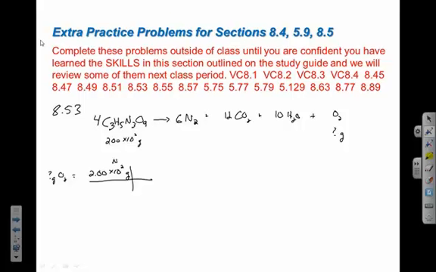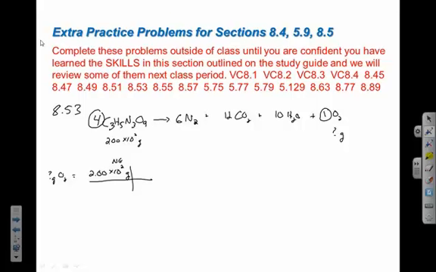I'll just call this Ng for nitroglycerin, so I don't have to keep writing the formula and taking up space. If I have information about one substance, I want information about a different substance, I always have to convert to moles because the relationship between the quantities of those two substances is a mole relationship. So I'll have to get the molar mass for nitroglycerin.